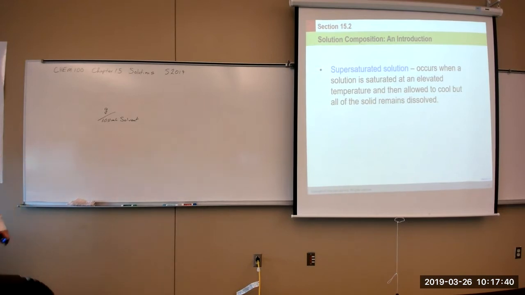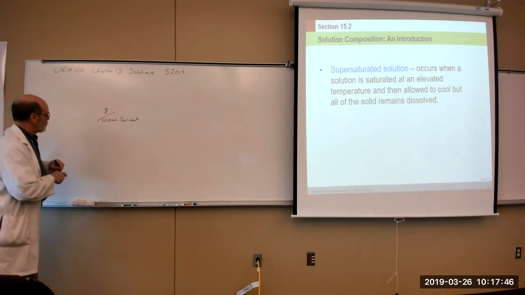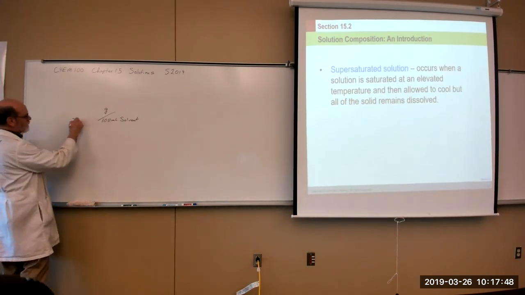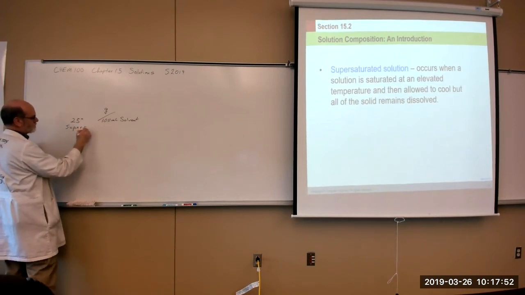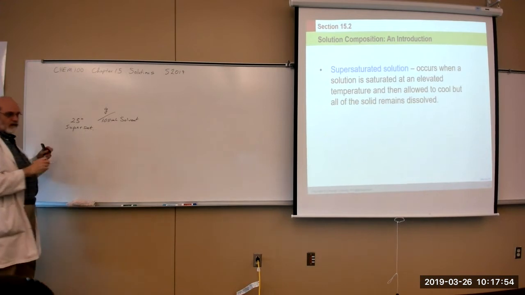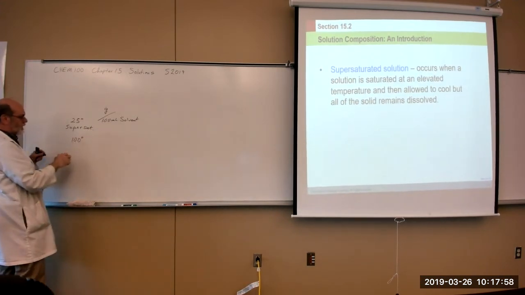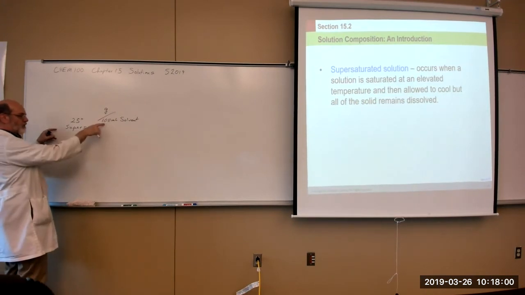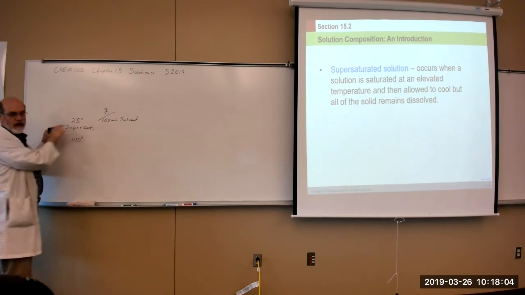So if you can heat your solvent up, say you want to have 25 degrees and you want it to be supersaturated, right? You heat your solution up to 100 degrees, and you put more of the solute in here, then it will hold at 25 degrees.